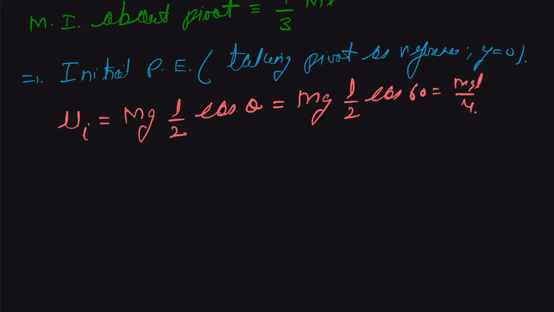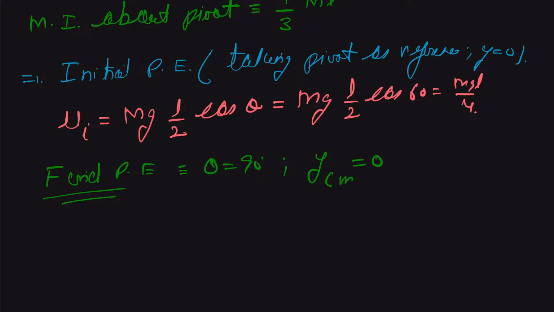Now the final position potential energy. When the rod is horizontal, our angle theta will be equal to 90 degrees, and therefore YCM will be equal to 0.